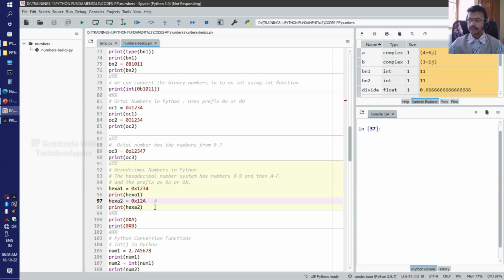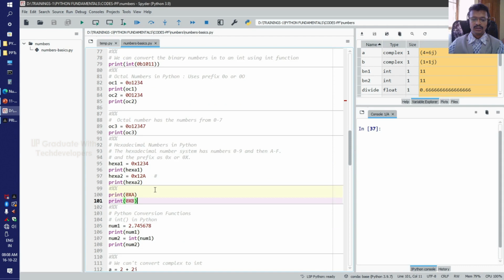Let us see how we can see whether a is 10 and b is 11 in the hexadecimal number system.